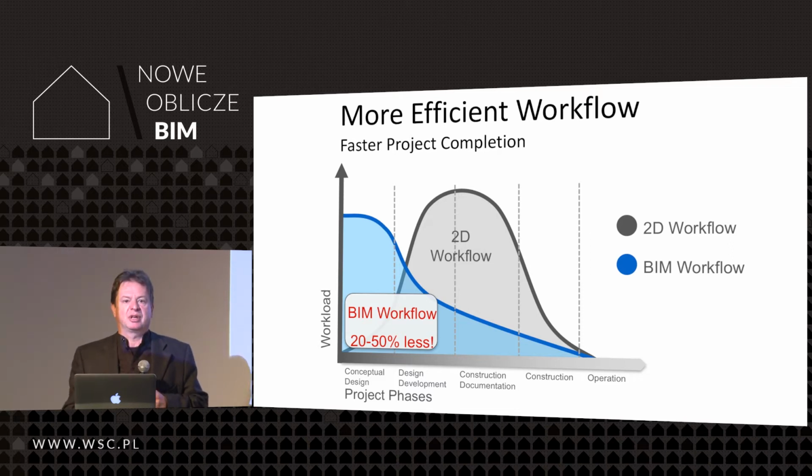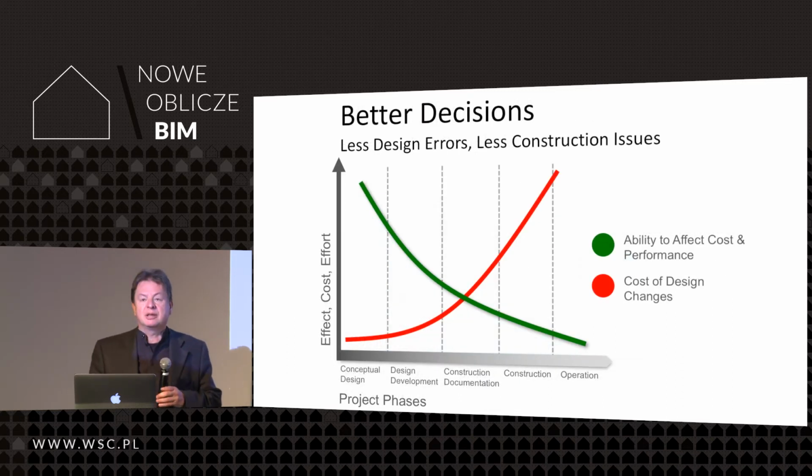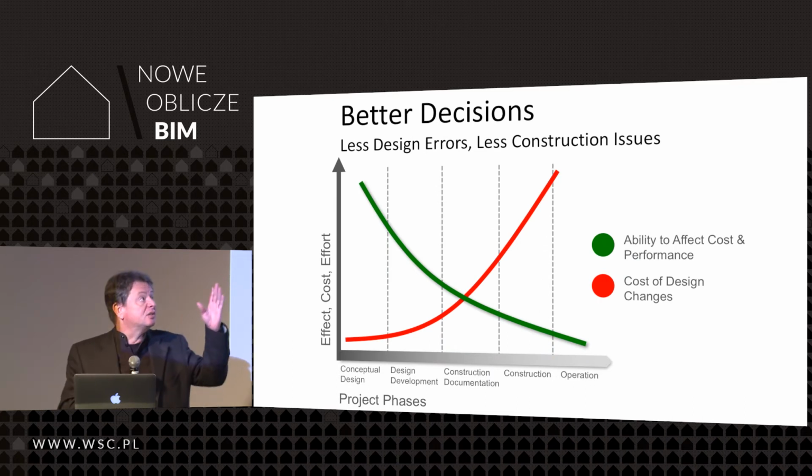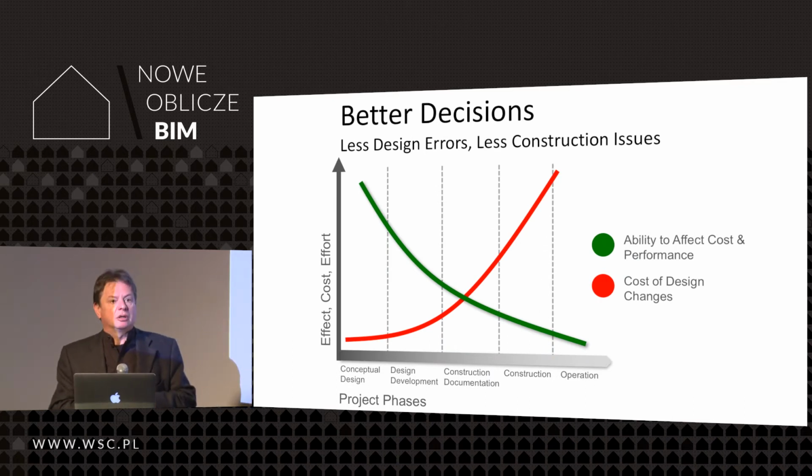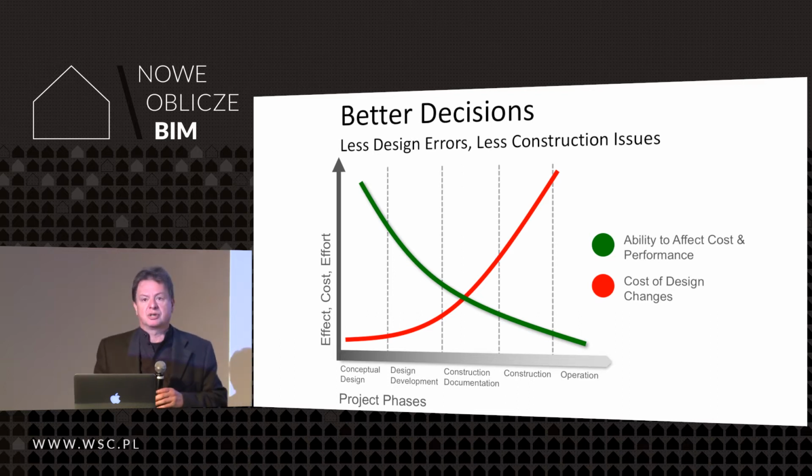So the first thing is, again, an economic reason. You become much more productive. The second is the ability to make changes in the early design phase on your table, when you are in the office, which is much easier than when the construction is going on.